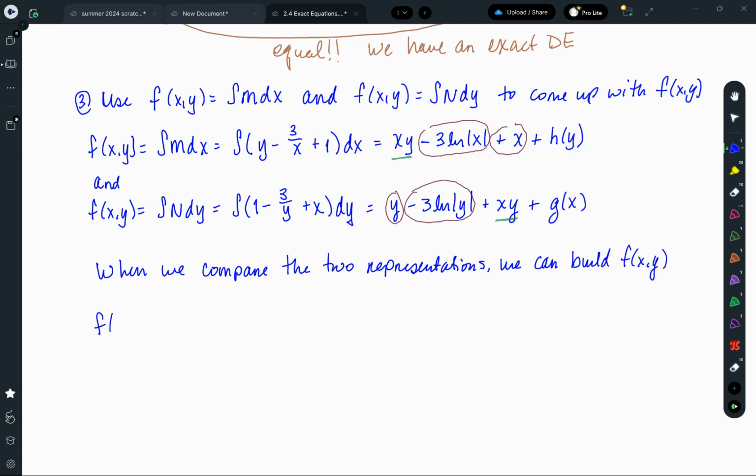So f of xy will be comprised of the thing that they have in common, which is the x times y, plus all the individual parts. So I get the minus 3 ln of the absolute value of x plus x, and I get the minus 3 ln of the absolute value of y plus y. And that is all equal to some c.